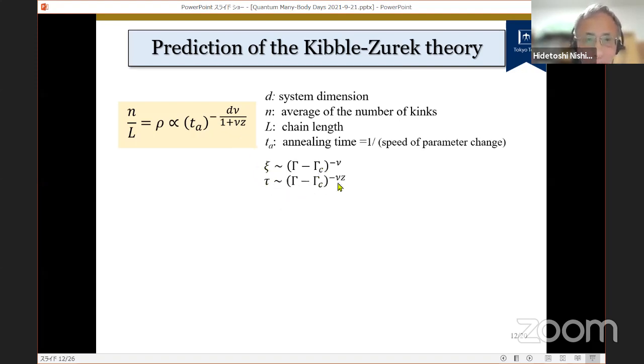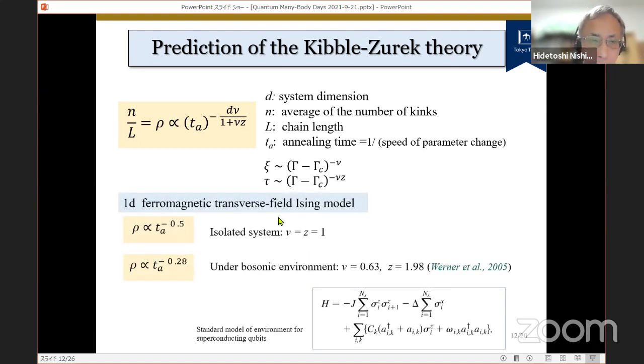And z is the so-called dynamical critical exponent, which characterizes the rate of divergence of the relaxation time. And in the case of the one-dimensional transverse field Ising model, it is known that nu and z are both equal to 1. So this exponent will be 1/2, 0.5 in one dimension.